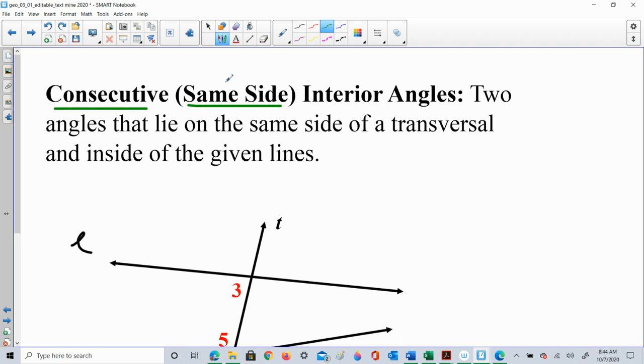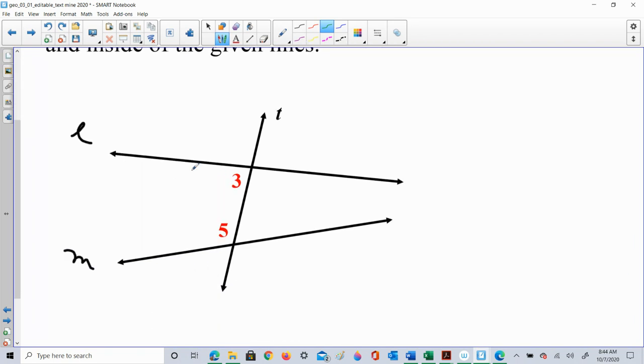I like it because it describes, just like I have alternate, now I have same side. So they're on the same side of the transversal inside the two given lines. Look at angle 3 and angle 5. Same side of T inside of L and M. That makes them same side interior angles.